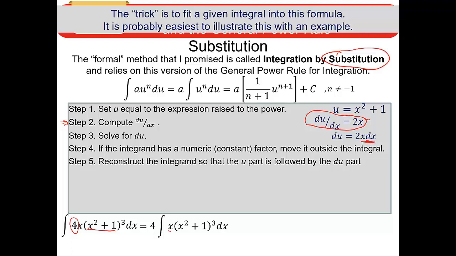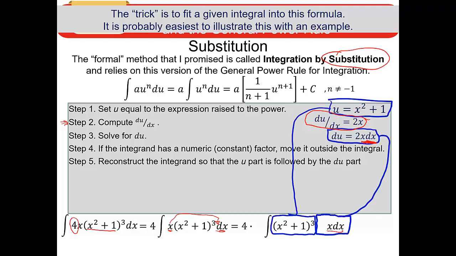And the integrand has an x and a dx, but they're not together. So the idea is to put them together. So I'm going to rewrite that so that the x gets moved over next to the dx. And the reason I want that is I see that they're together in the differential.